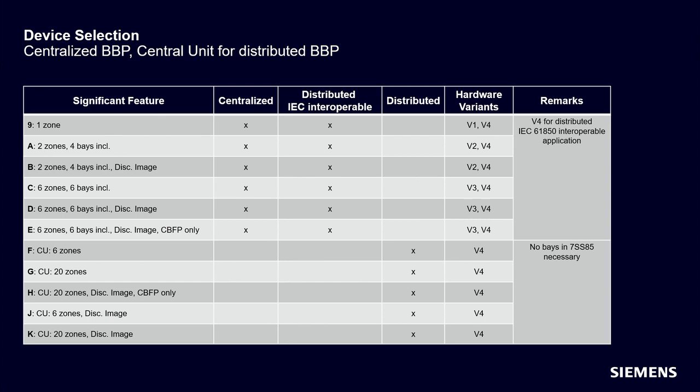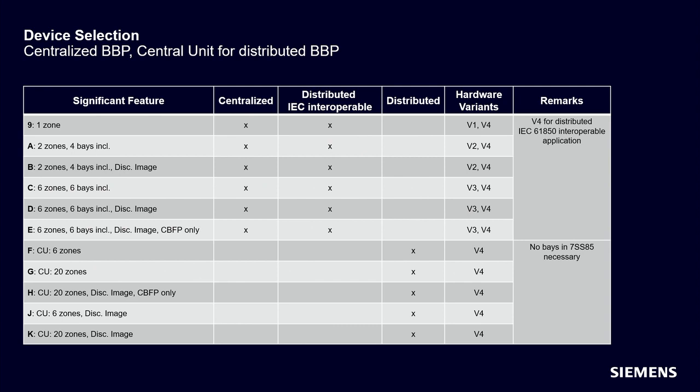A very special significant feature is the significant feature E, which also allows 6 zones and has a disconnector image, but in this very special functionality, you have only the circuit breaker failure protection available. You don't have a busbar differential protection. This is a special requirement to use a busbar protection device, the 7SS85, to use only the disconnector image of the busbar protection device to clear the associated bus zone in case of a circuit breaker failure.